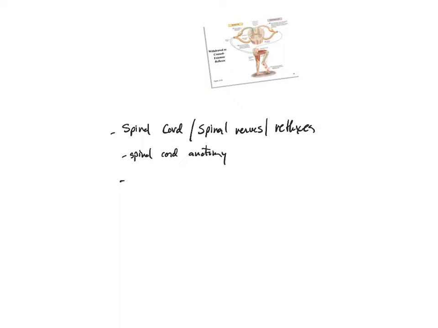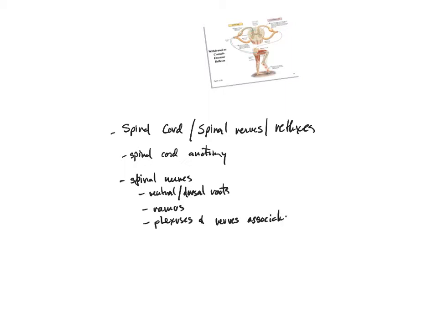You should know the structure of spinal nerves: we have the ventral and dorsal roots. You should know what a ramus is. You should know what plexuses are, and nerves associated with certain plexuses.